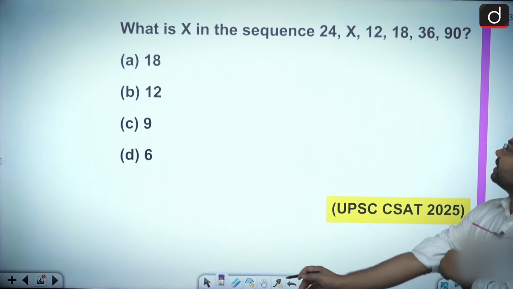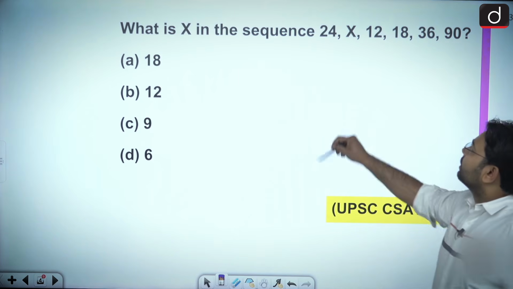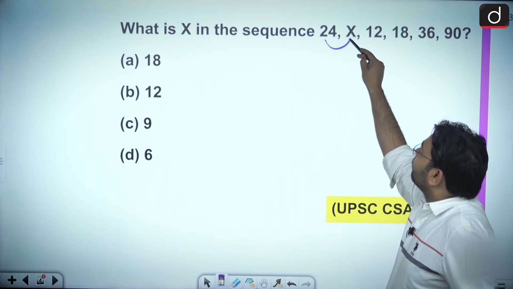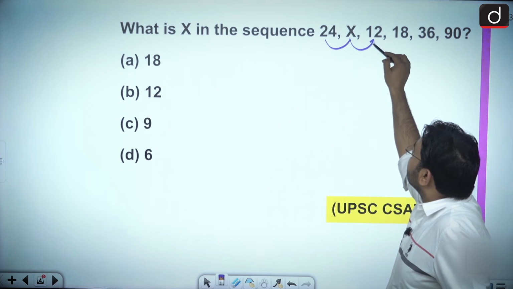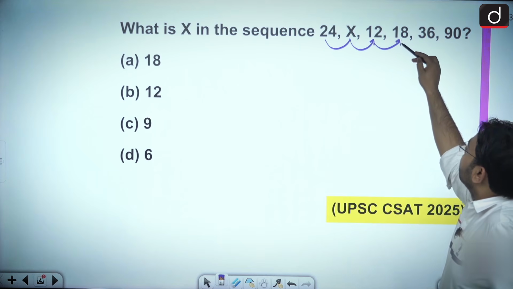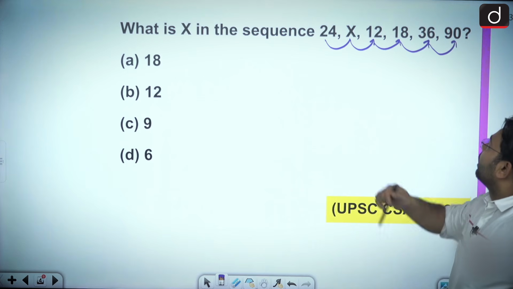What is x in the sequence 24, x, 12, 18, 36 and 90? 24 relation with x, then 12, then 18, then 36 and then 90.